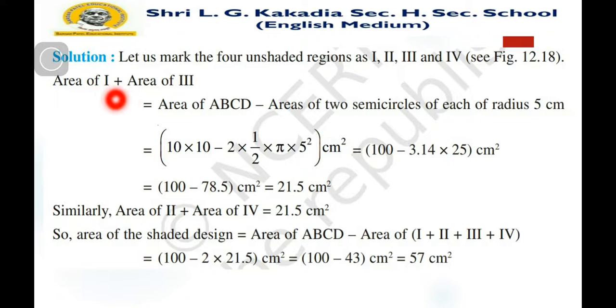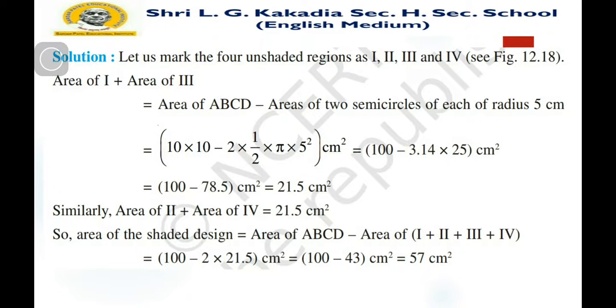So it is the area of 1 and 3, and it is equal to 21.5. Similarly, the area of 2 and 4 is also 21.5 centimeter square. So the area of the shaded design is equal to the area of ABCD minus the area of 1, 2, 3 and 4. Hence 100 minus 2 into 21.5 centimeter square is equal to 100 minus 43, equal to 57 centimeter square.